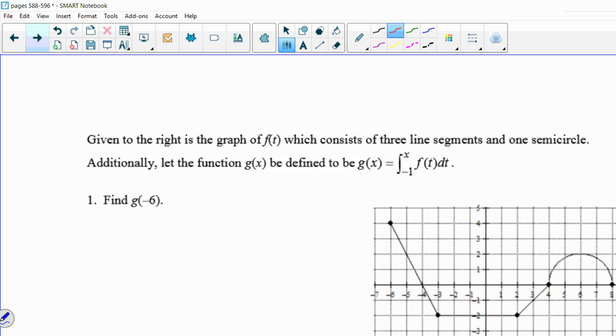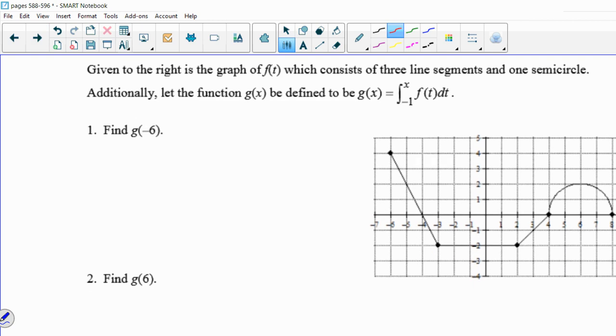Given to the right is the graph of f of t, which consists of 3 line segments and 1 semicircle. Additionally, let the function g of x be g of x equals the integral from -1 to x of f of t dt. Find g of -6.